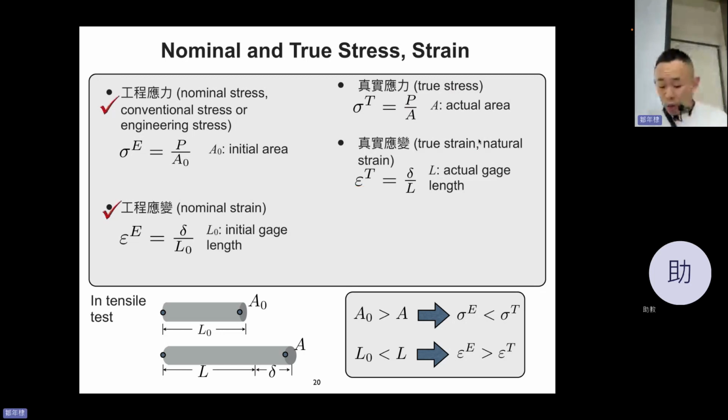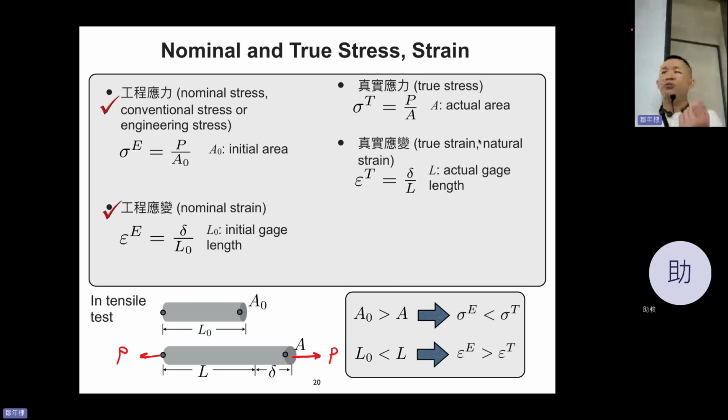So imagine that when you have a bar, the point here is actually a measurement of the gauge.